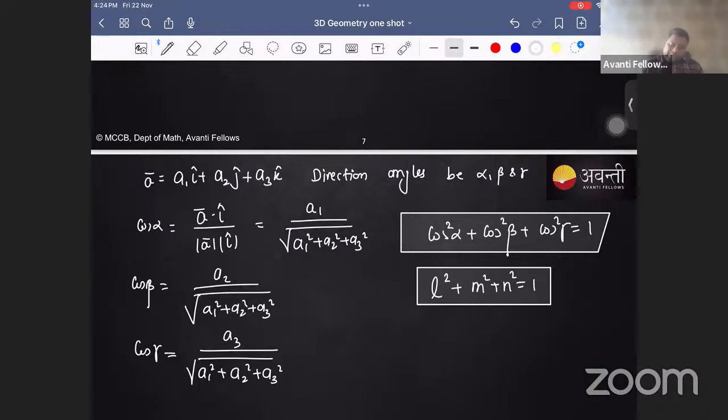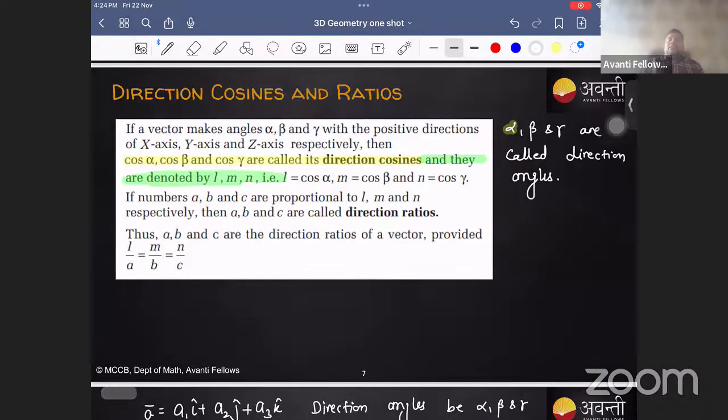Got it? Now, another term is direction ratios. What I just talked about is direction cosines. Then there comes direction ratios. Direction ratios are three numbers which are proportional to direction cosines. Getting my point? So it's not a unique value. Direction ratios are not unique for a line or for a vector.